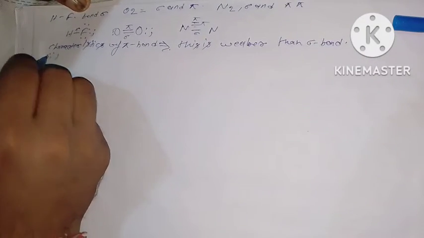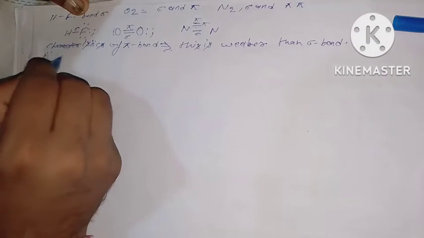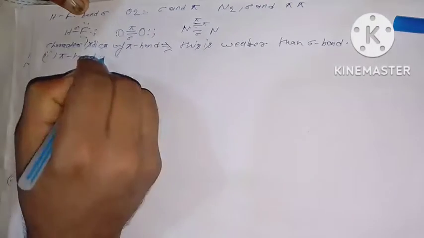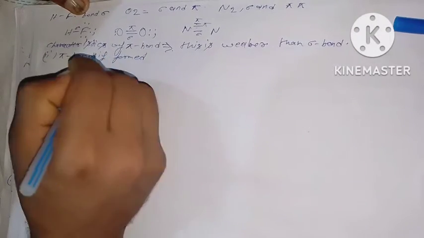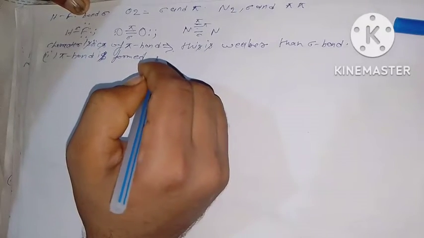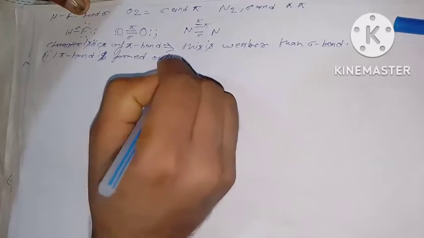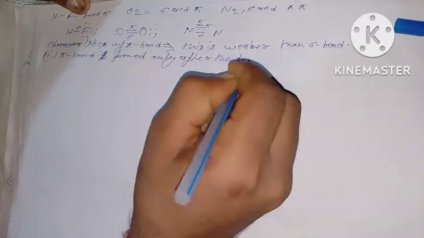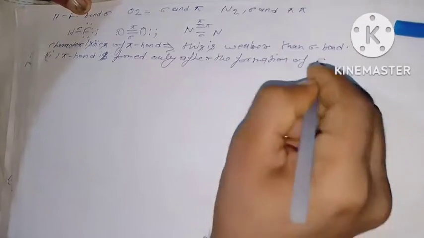Second point, pi bond is formed only after the formation of sigma bond.